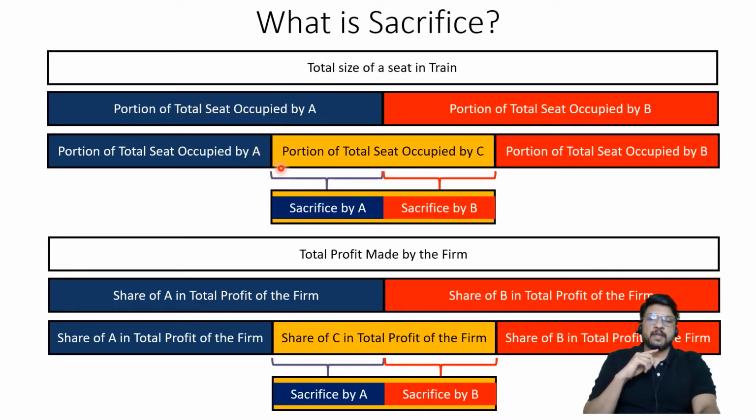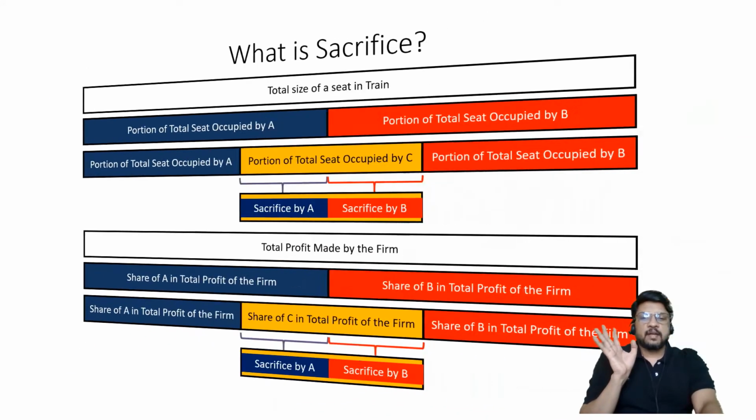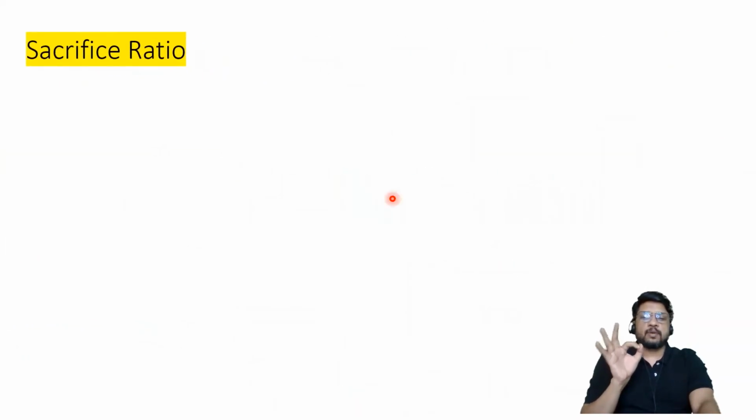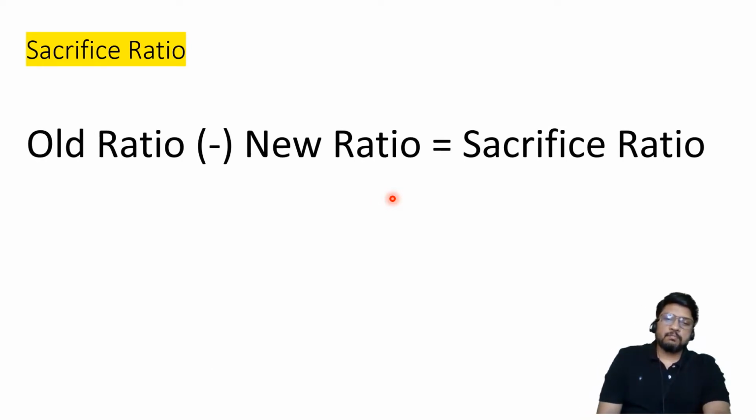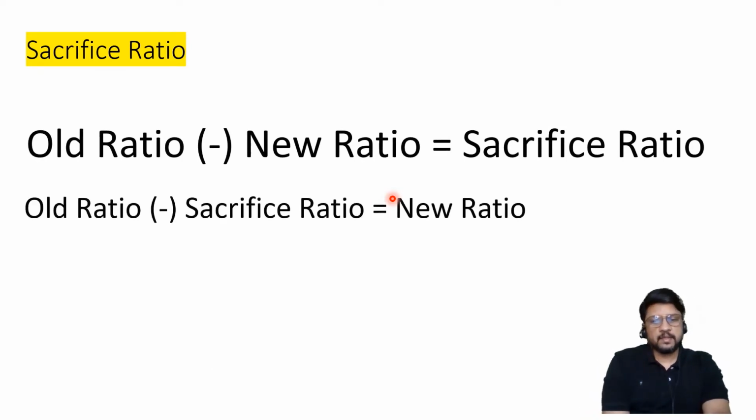This is the equation we can create. How to calculate sacrifice ratio? Sacrifice ratio is equal to old ratio minus new ratio. In other words, old ratio minus sacrifice ratio is equal to new ratio.